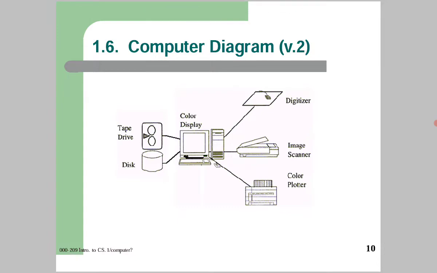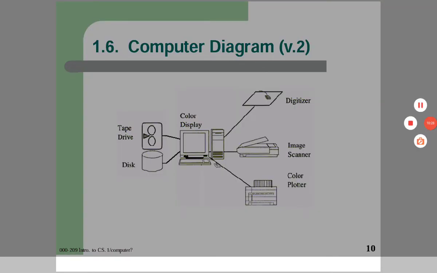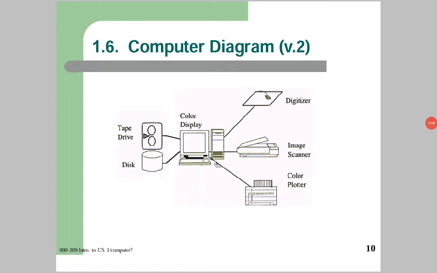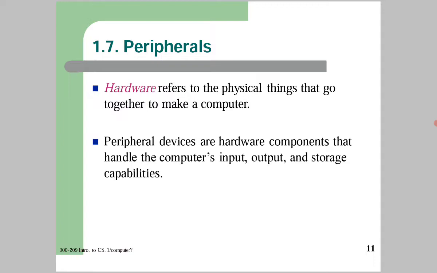So here we use a color display, some color plotter, printers, image scanners, digitalizers, CPU, tape drives, disks. So various hardware components are connected to a computer. So all these are input output devices. Input output device is also a set type question which is compulsory, coming from the first unit that we discuss later.